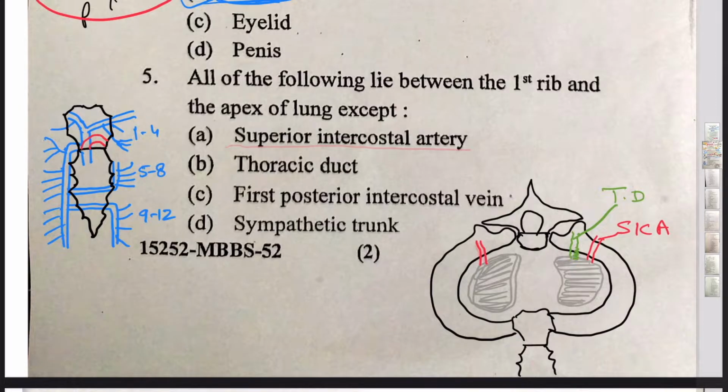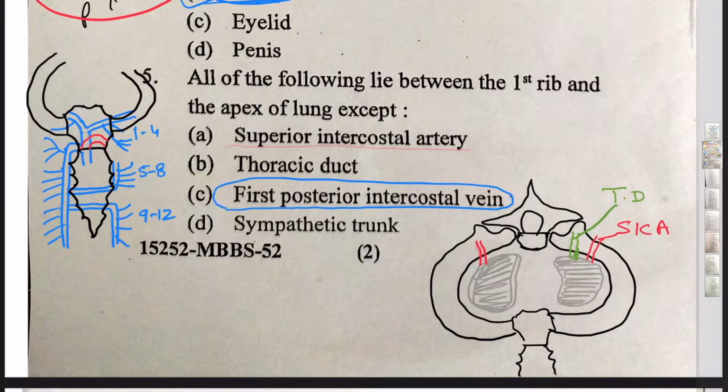And you also know that the first rib passes like this, right? So you've got to know that the first posterior intercostal vein does not need to cross the thoracic inlet. It is the internal jugular and the subclavian veins, on both sides, that cross the thoracic inlet.